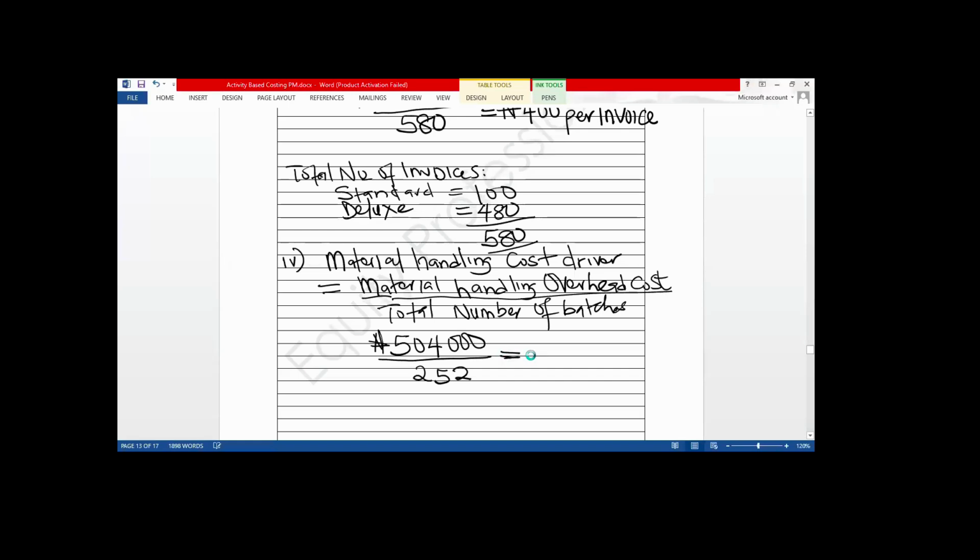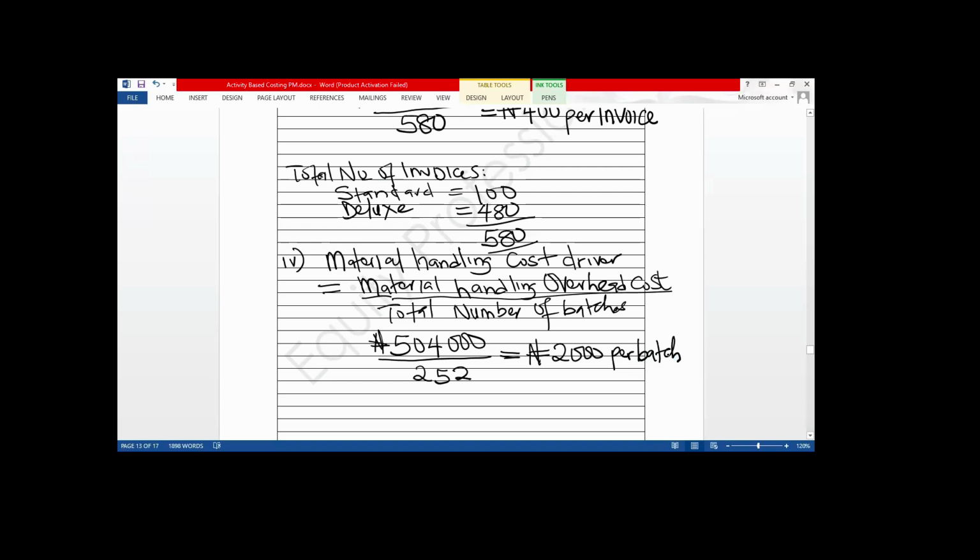What do you have, please? 2,000 per material. No, correct yourself. What is the cost driver? 2,000 naira per batch. 2,000 per batch.